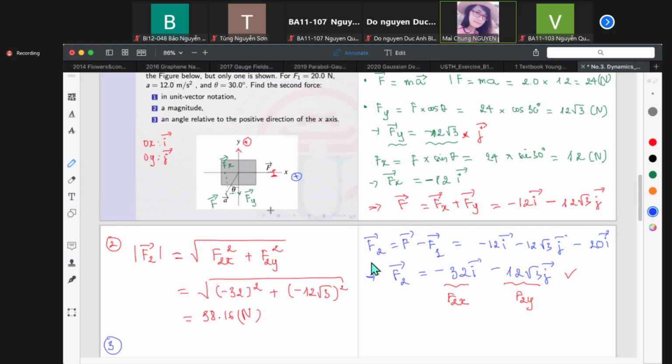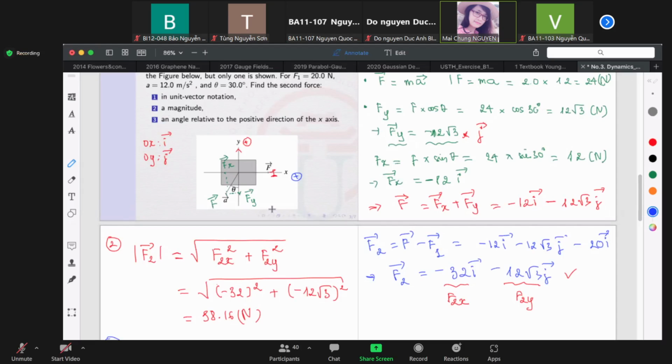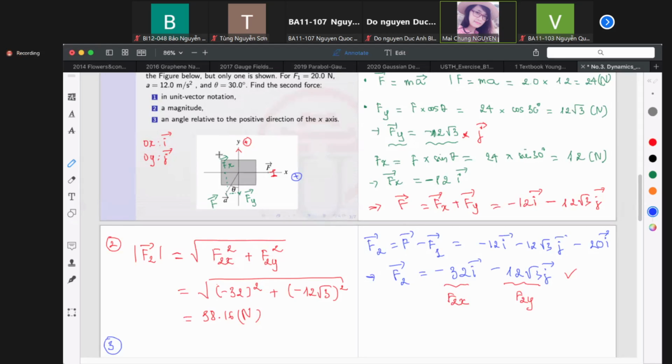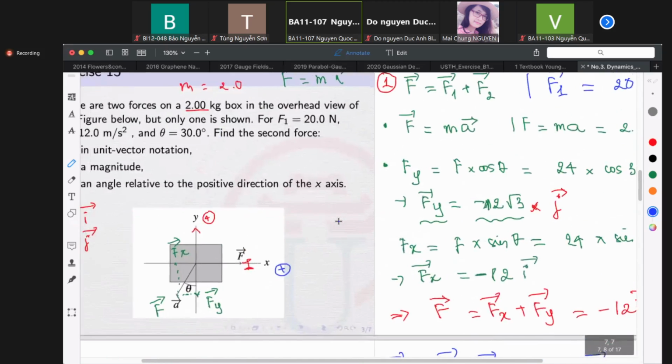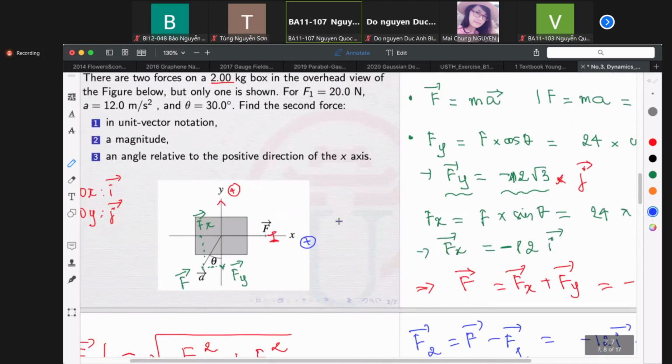Could you guess the position of F2? The first quadrant, the second, third or fourth quadrant of the system here? I think it's the third one.